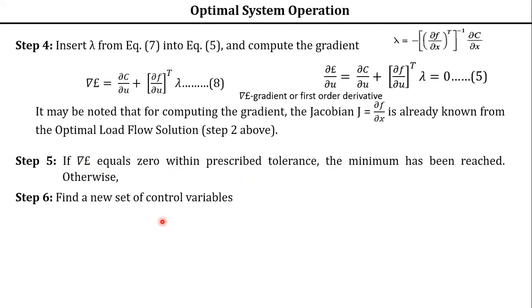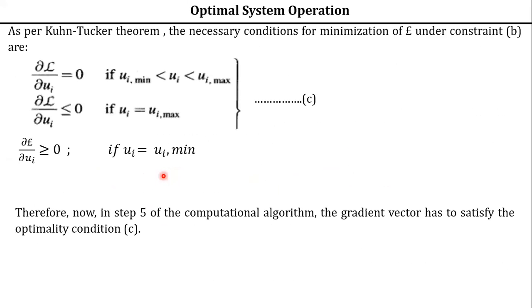Otherwise, go to the next step, find the new value, and so on. Now in step 5 of the computational algorithm, the gradient vector has to satisfy the optimality condition. Any one optimality condition it should satisfy. If it is within the limits, the gradient is 0. If it has reached the maximum value, then the gradient will be negative. If it has violated the minimum value, then the gradient will be positive. So it has to satisfy this optimality condition in step 5 of the algorithm.